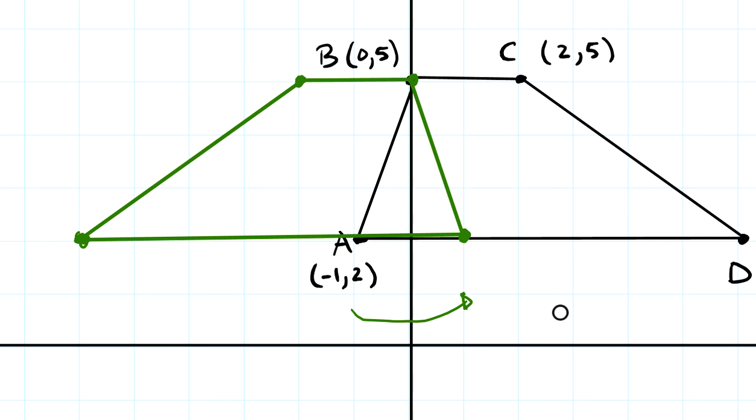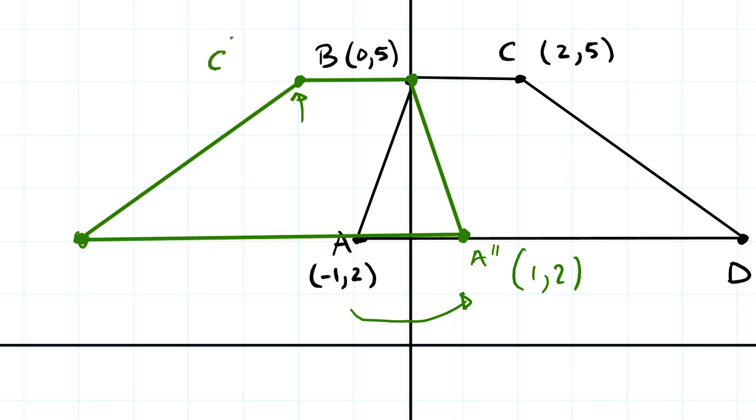The problem did ask me to identify the coordinates of point A and C in the new diagram. So when I look at this, the new A is going to be right here. This is A double prime. It will be at the point 1, 2. And the other point was C, and C is going to be this point right here. This will be C double prime.